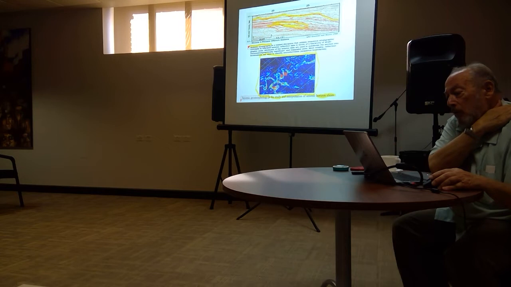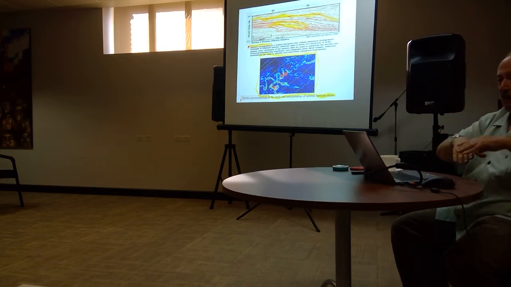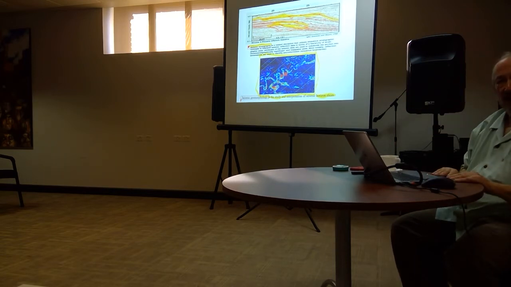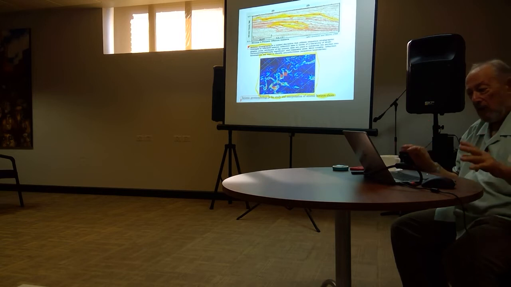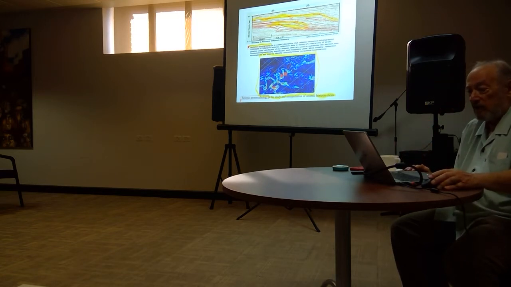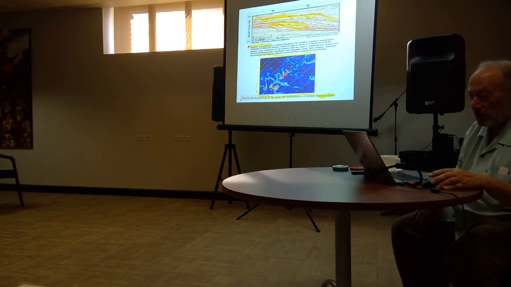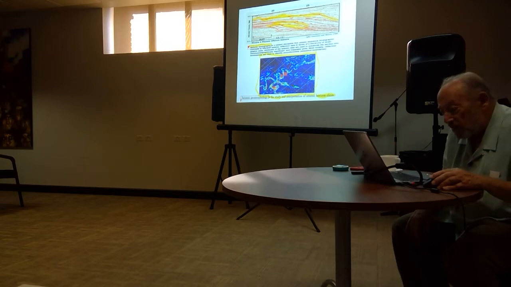So what one does is you take your horizon and you flatten it out. Once you flatten it out, you're now looking at a representation of the seafloor at the time of deposition. Now here you see some very nice meandering river deposits. There's actually two of them here.